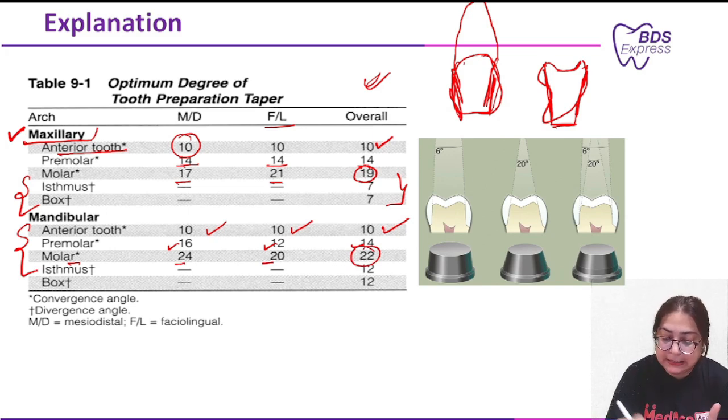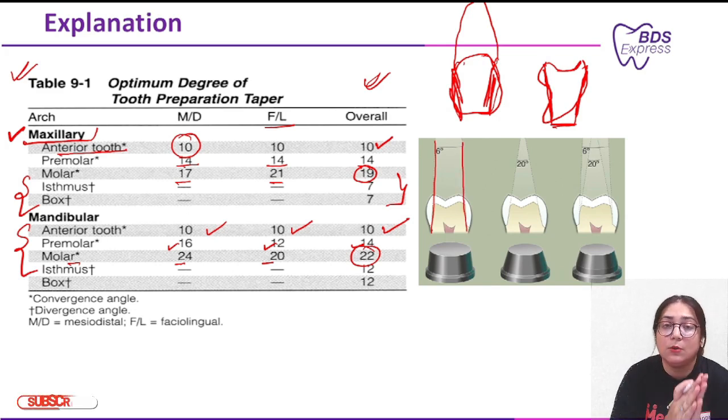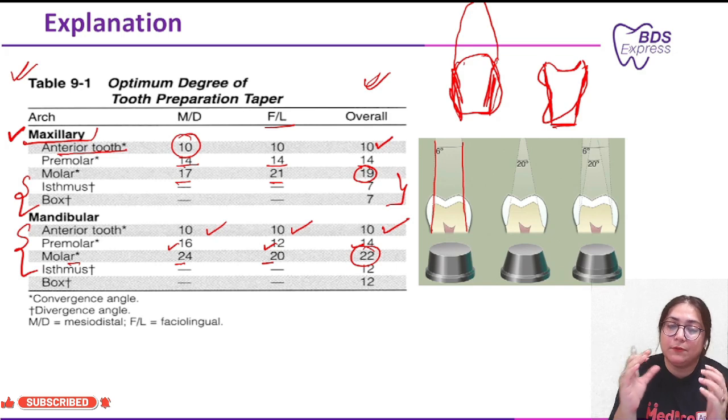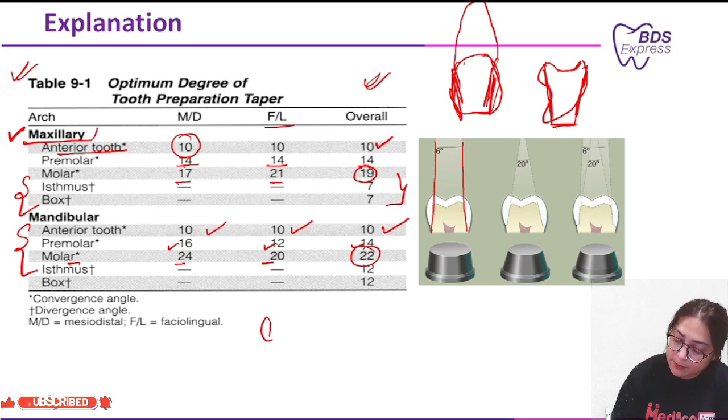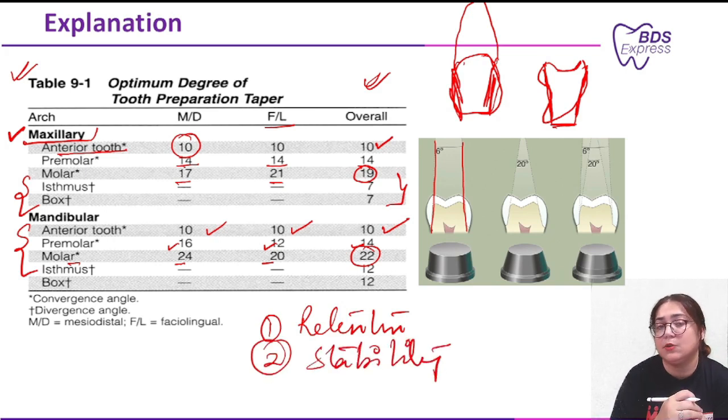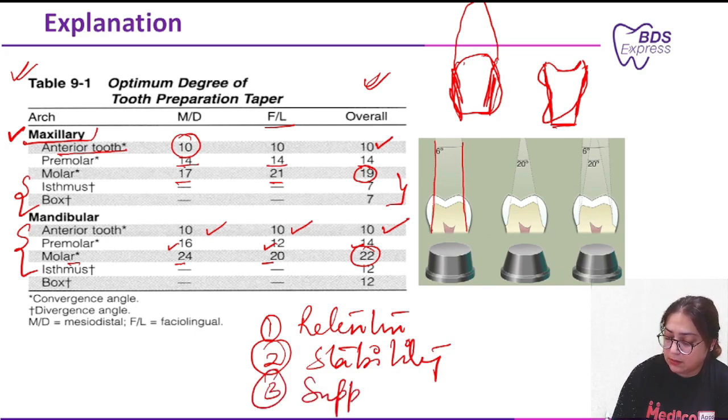So this is the table which is taken from the authentic source. This is exactly what we mean when we say total occlusal convergence or occlusal convergence. Now, what is the purpose of this? First of all, it serves the purpose of retention, stability. Whenever you are giving any prosthesis to your patient, you are concerned about retention, stability, support, and aesthetics.